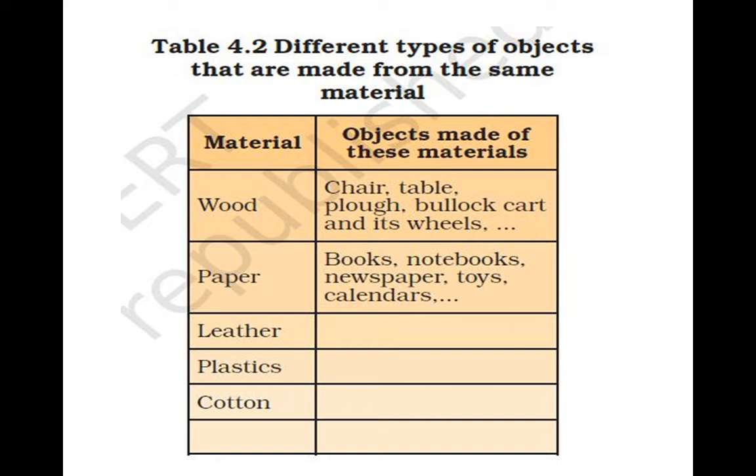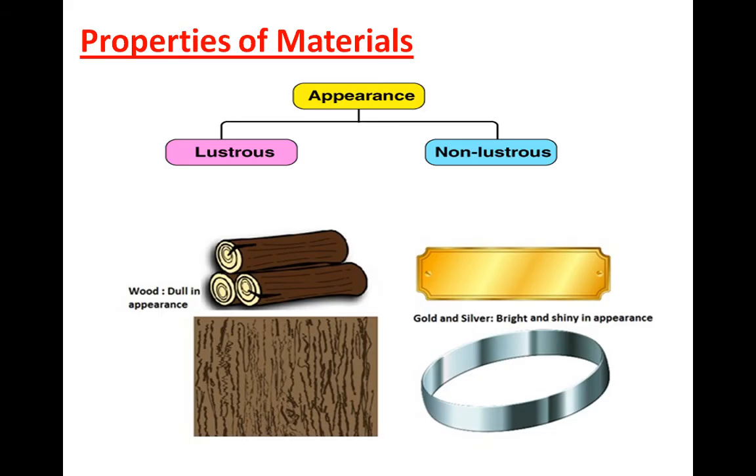For example, cooking utensils are made of metals because metals do not break easily. And more importantly, they are good conductors of heat. Now, what does good conductor mean? Materials that allow heat to pass through them quickly are called good conductors of heat.